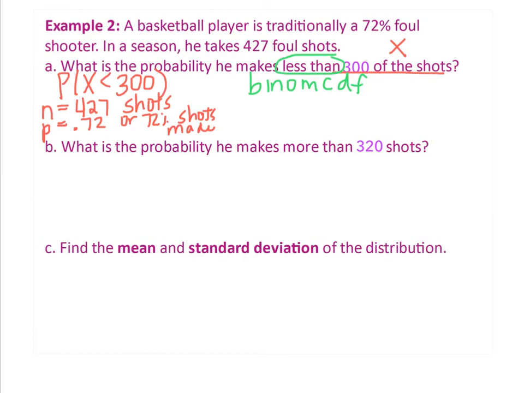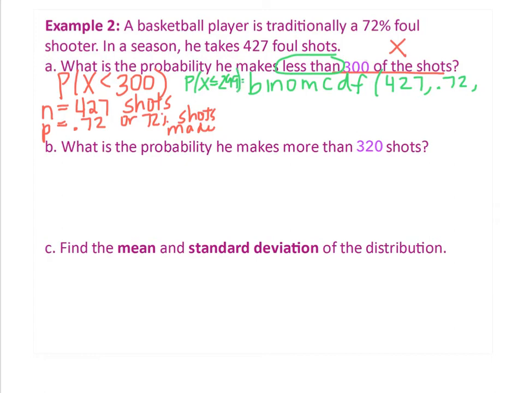Well, in my parentheses, I do N, comma, P, comma, well, the last number has to be the probability x is less than or equal to something. Since the problem said less than 300 and my inequality sign is just less than, in order for it to be less than or equal to, I need to make the number of shots 299.